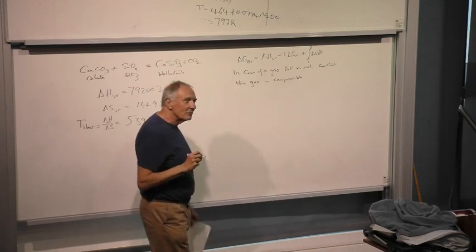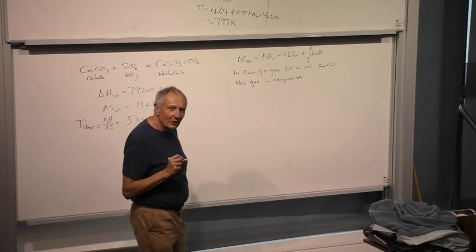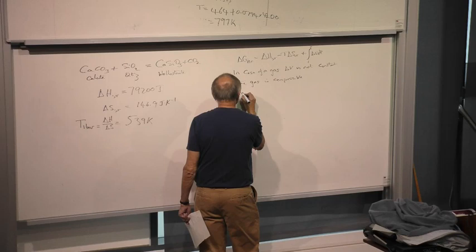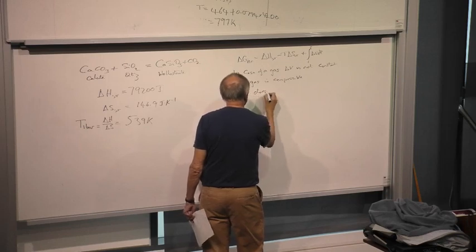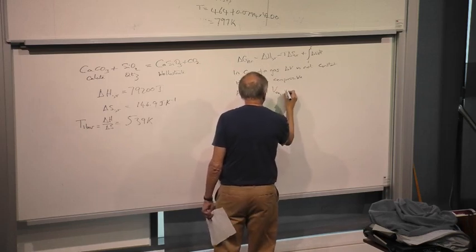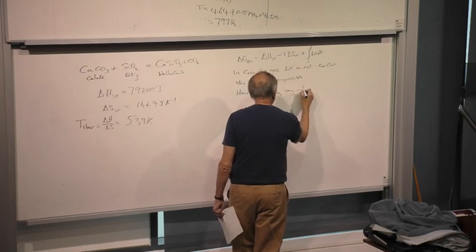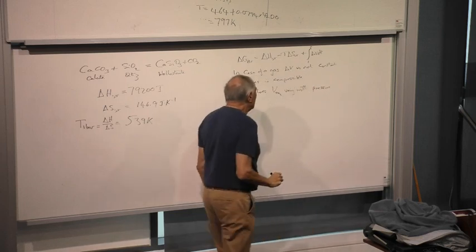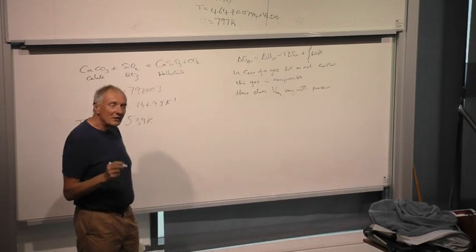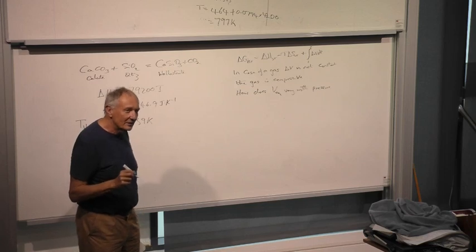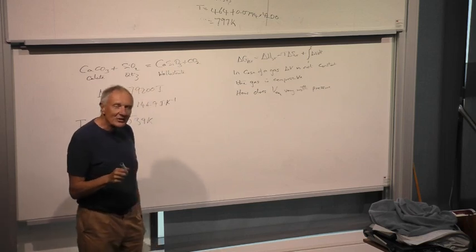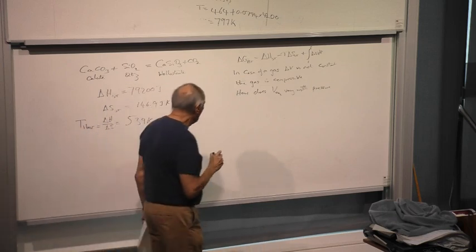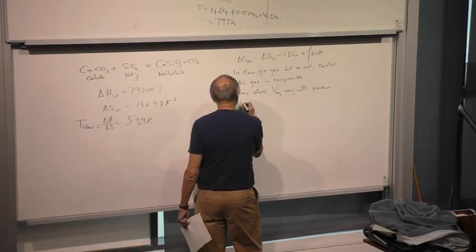So what we need to know is, how does the volume of carbon dioxide vary with pressure? And in order to figure that out, we need what is known as an equation of state. An equation of state is a very simple equation that connects volume to pressure and temperature. Okay, so we need an equation of state.